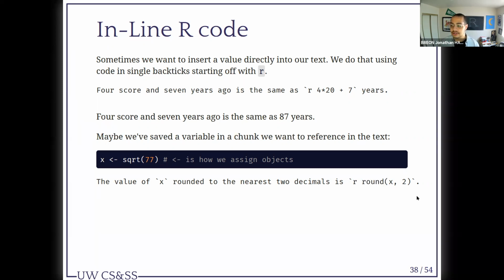The round function just rounds numbers. And then our assigned object x, comma, and then an argument here, 2, tells it that we want it to the nearest 2 decimal places, and then another backtick before a period so that it knows to finish the R code while printing out the document. The value of x rounded to the nearest 2 decimals is 8.77. Why don't you go ahead and try that one at home?